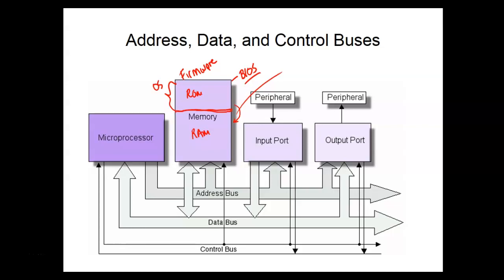So now we have the ability to upgrade our firmware, but you have to do it with a special application. You can't just do it, right? You understand that? And you always make sure everything's plugged in. They tell you to plug it into a power source. You're not supposed to use a battery on your laptops.